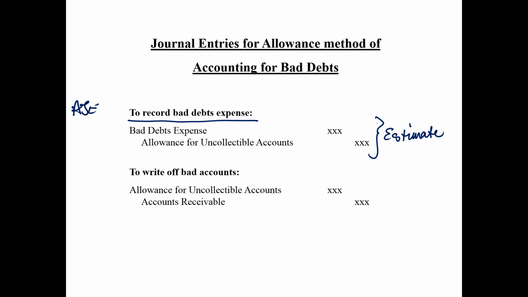We don't know the names of the customers who are going to do us wrong, but we know about how much the damage is going to be. When we have a specific write-off, we debit the allowance and we credit accounts receivable. I know your name, I don't like you, and this is for a specific customer account.